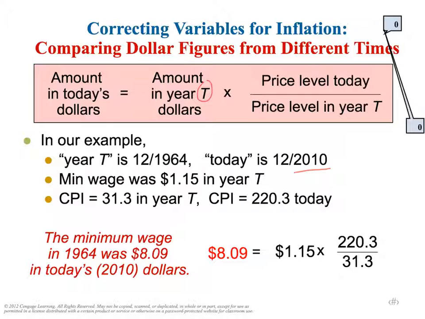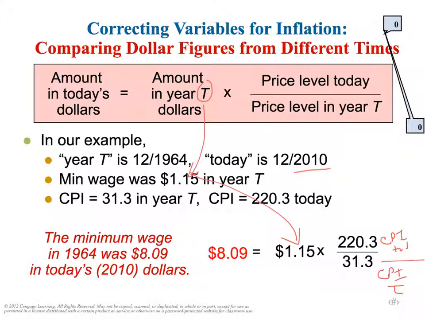So given the information, we're trying to calculate today's amount, and first we're going to start with the yesteryear amount. So here we're going to start with the $1.15. We're going to take the $1.15 and multiply that by the CPI today, divided by the CPI of year T, or yesteryear.